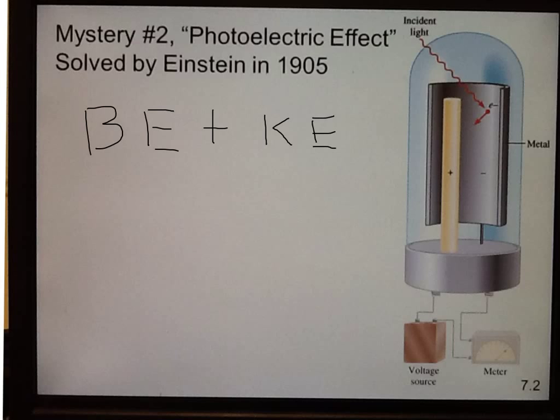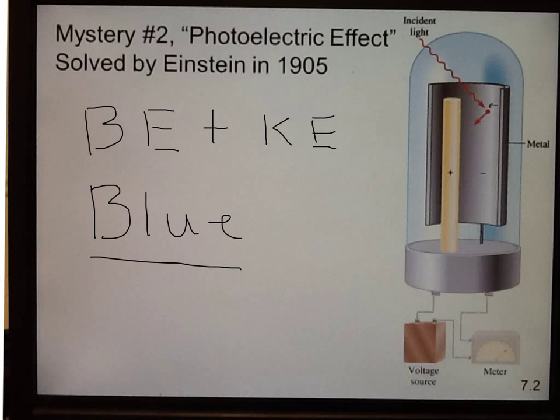Now remember, we said that we're going to pretend that piece of metal is a piece of sodium. Well, it turns out that if you hit sodium with blue light, or indigo light, or violet light, or ultraviolet light, electrons will move from the sodium metal to the other metal post, which is positively charged. Henceforth, what you have is the photoelectric effect.